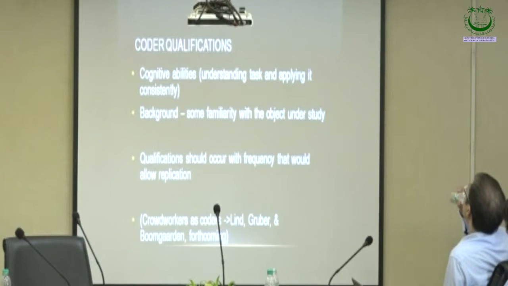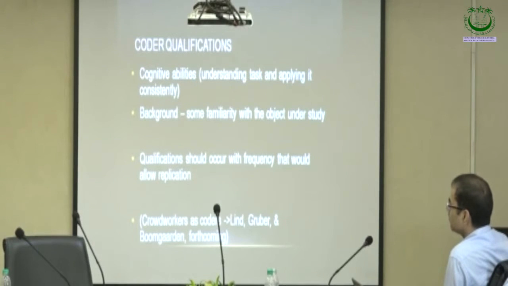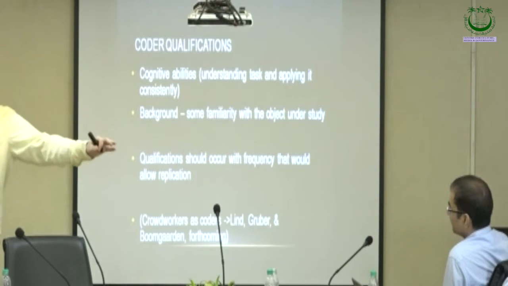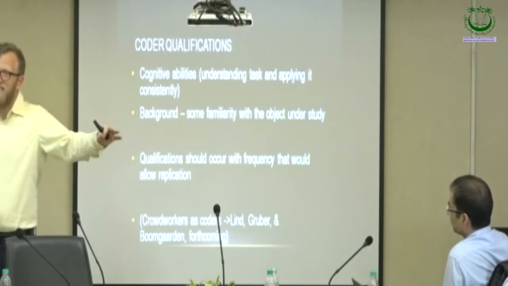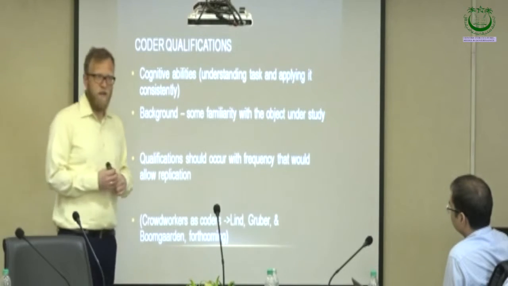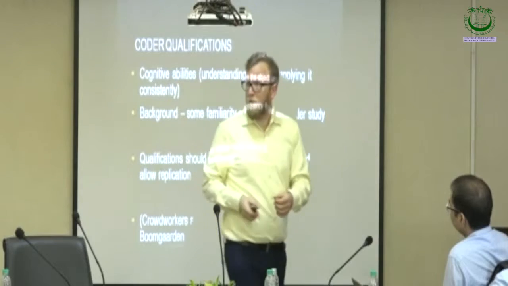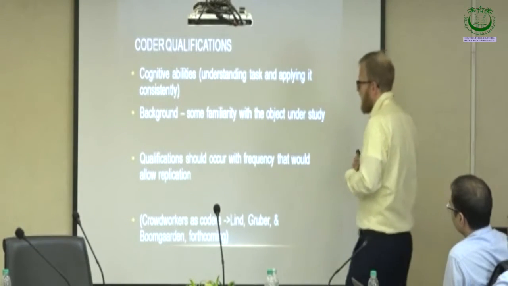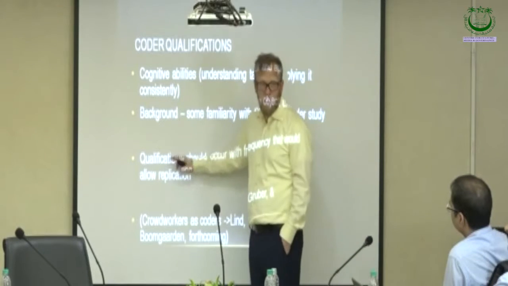And then of course they might be producing very reliable data. But it would by no means be possible for some other researcher to take the same codebook and another set of coders and come up with the same results. Because they might be so specialized at some point that that's beyond what would allow replication of the study in different settings.